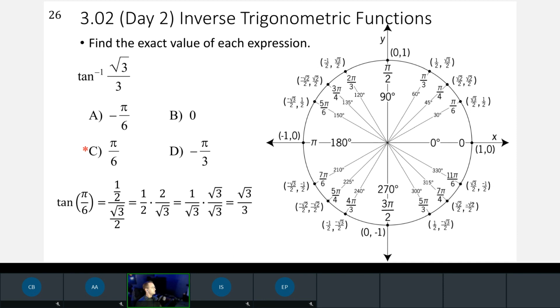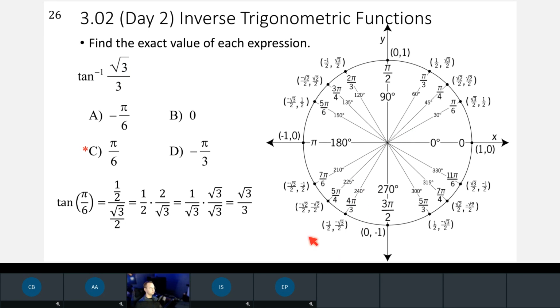All right, same thing here. We're doing the inverse tan of radical 3 over 3. Well, so this is positive. Remember, tangent is y over x. So you are finding the quadrant where y divided by x is positive, and that occurs in quadrant 1 and in quadrant 3.